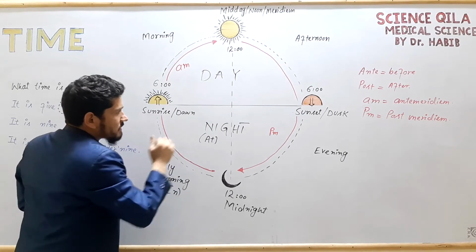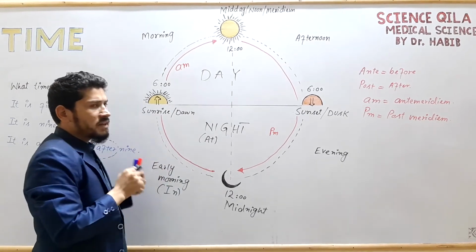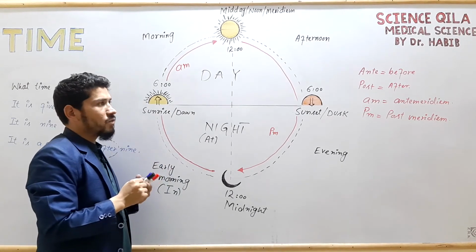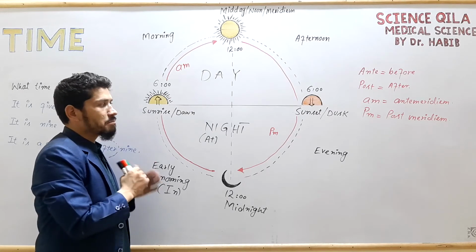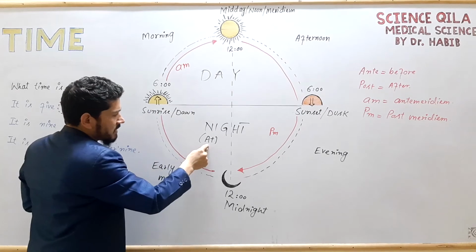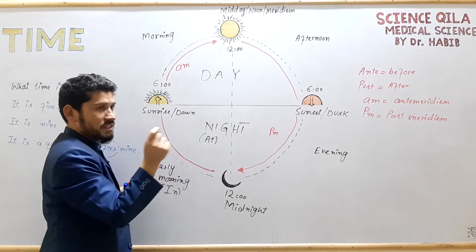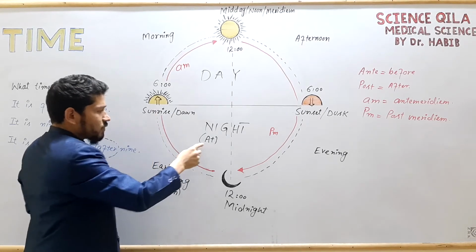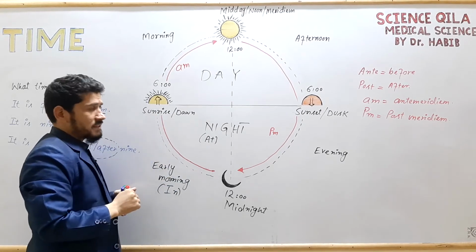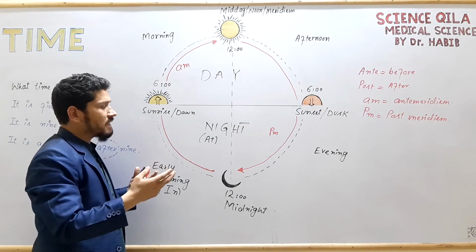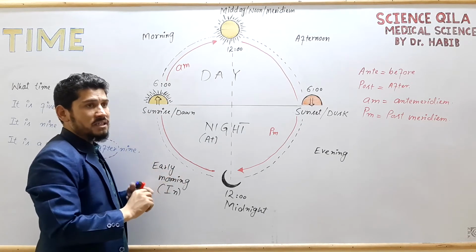Okay, before this lecture, I covered one very important video, and that was all about the complete prepositions. There I said we use at for the time, and number two, at we use for public places. Let's suppose I say at the airport, at the bank, at the police station, at the supermarket, at work.